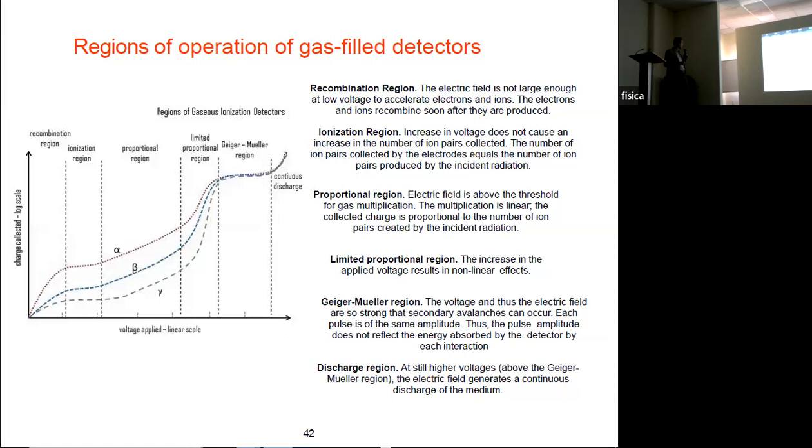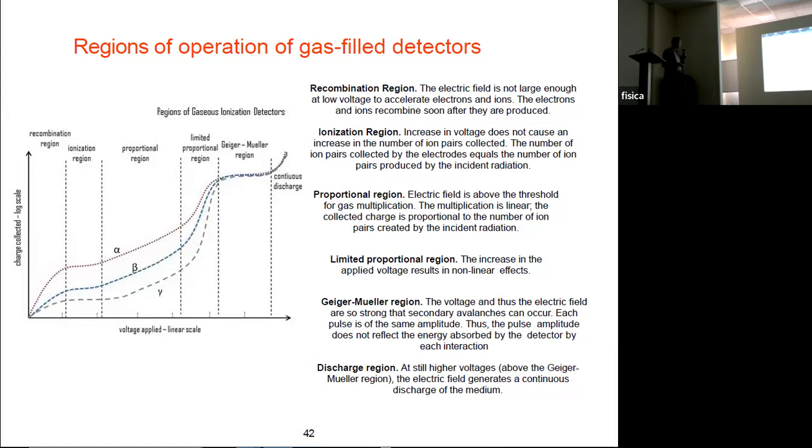Basically, there are different names on these axes, but usually this is voltage on X, and current or number of carriers on Y. Here you can see six different regions, and all these regions define the operation of different gas detectors.